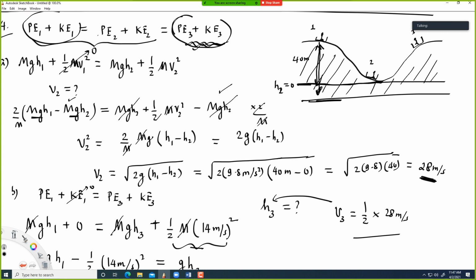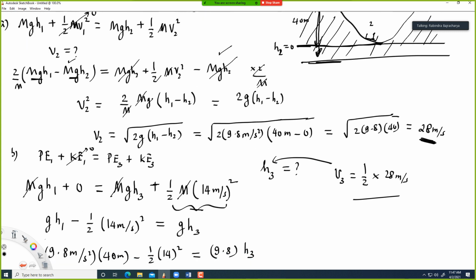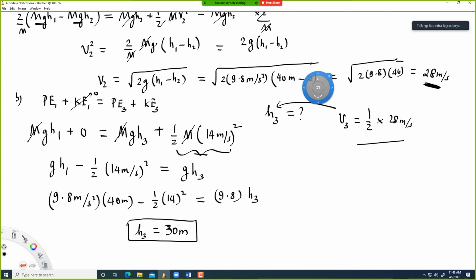Do we have m? No, you cannot find energy in this case because we don't have m. But again, the energy is just transformed from one form to another form. So here you have part kinetic and part potential.